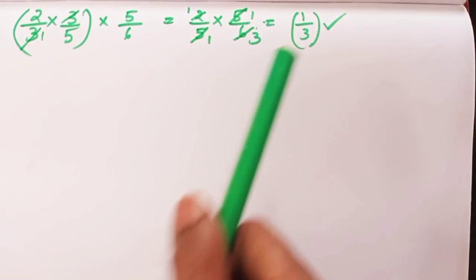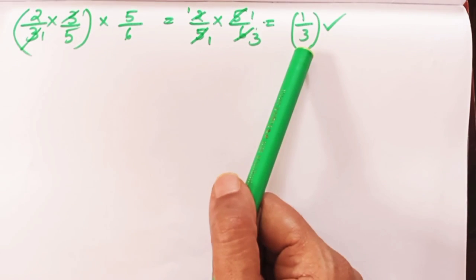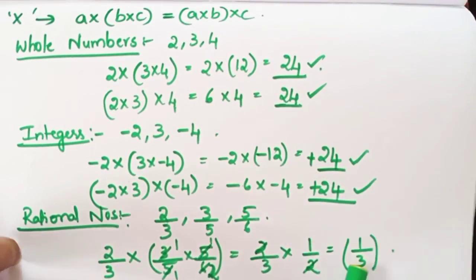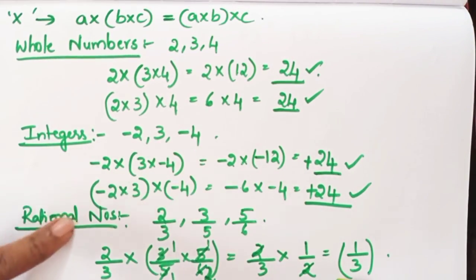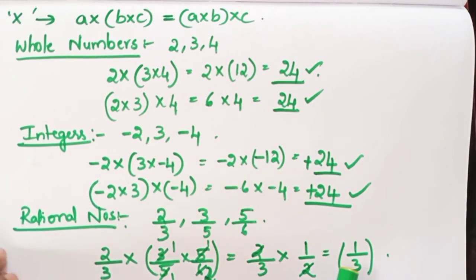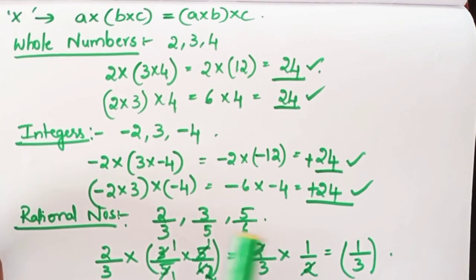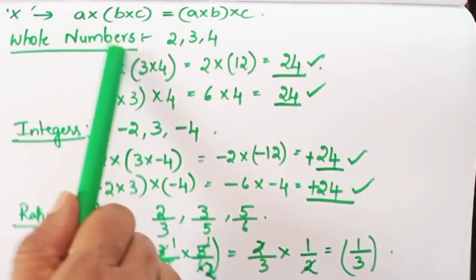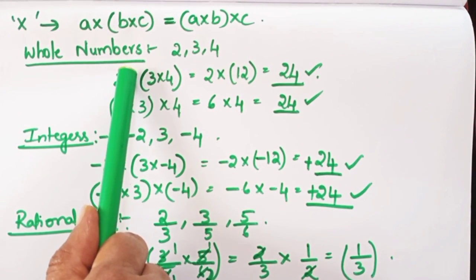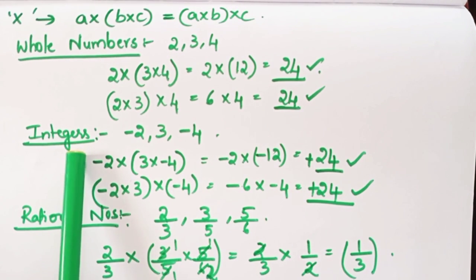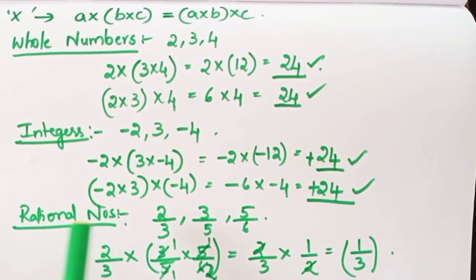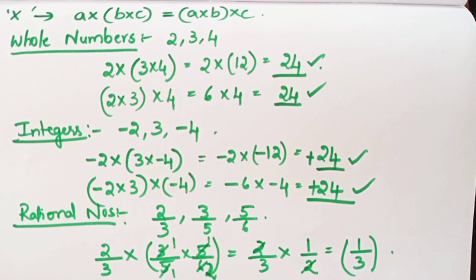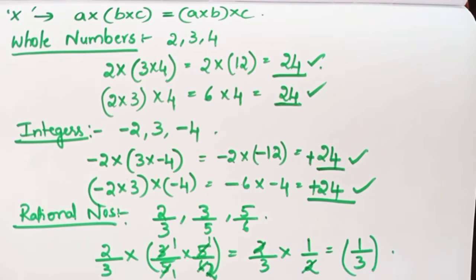Check your result. 1 by 3 here in the second case, whereas you got a 1 by 3 in your first case also. Okay, so you can say that multiplication is associative for whole numbers. Multiplication is associative for integers. Multiplication is associative even for rational numbers. So multiplication is associative for all these three.